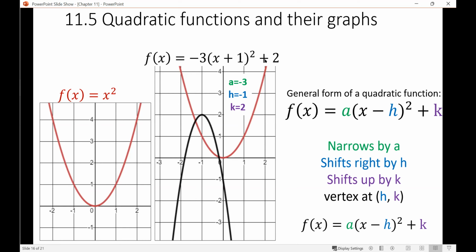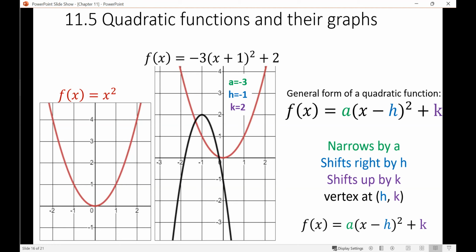We can shift up 2 by adding 2 afterwards. We can make our parabola 3 times as narrow by multiplying by 3, and we can make it upside down by putting that negative out front. All together, we can move our parabola wherever we want, upside down, right side up, and as narrow or wide as we like.